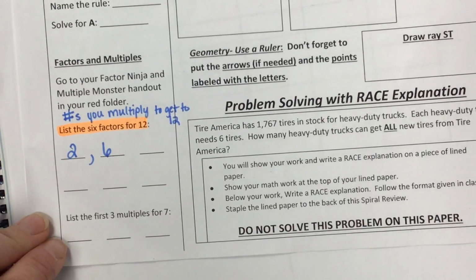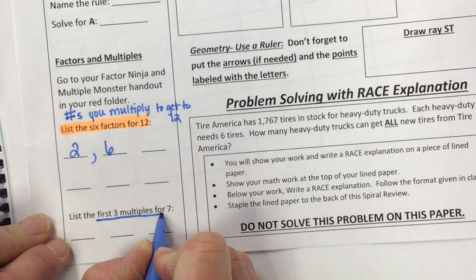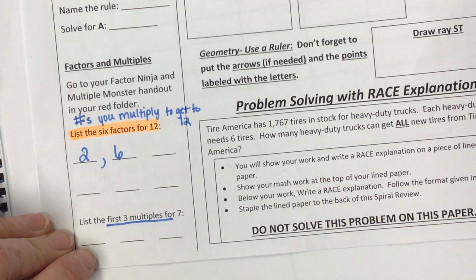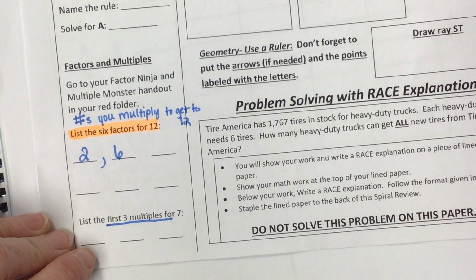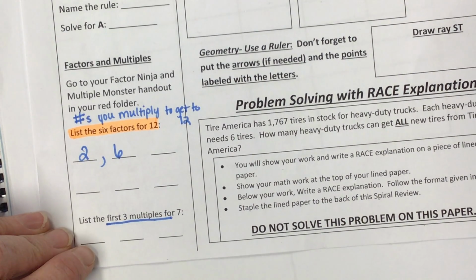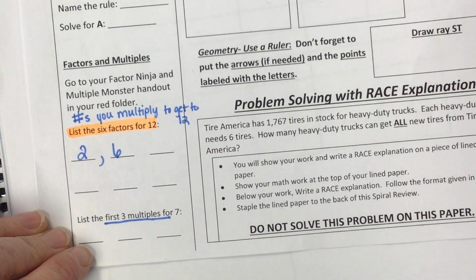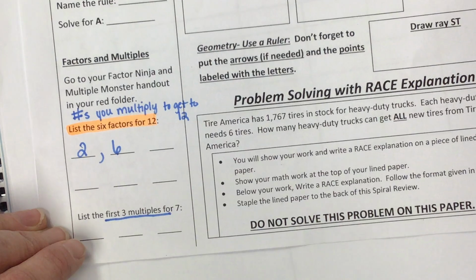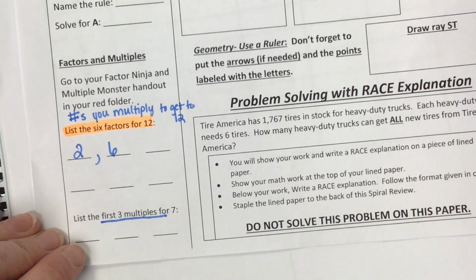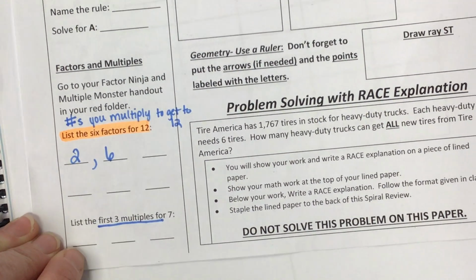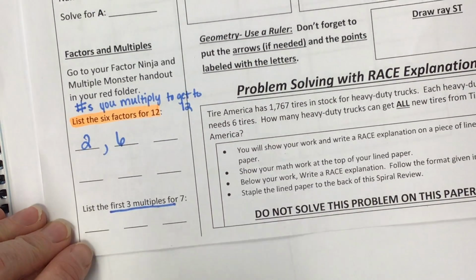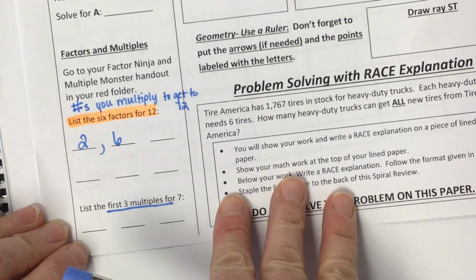Okay, list the first 3 multiples for 7. What are multiples? Aiden, what are multiples? Multiples are the order of a number. Well, they're the numbers you get when you multiply by a certain number. So the multiples of 5 would be 5, 10, 15.